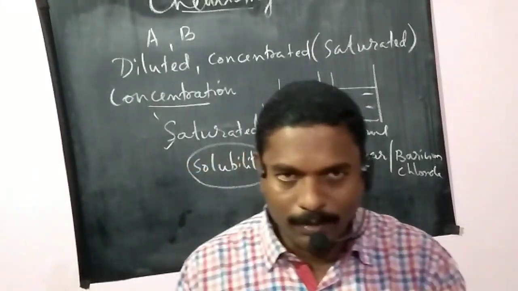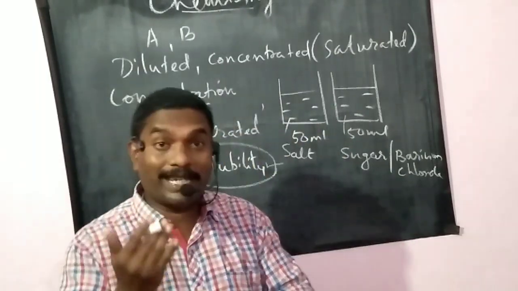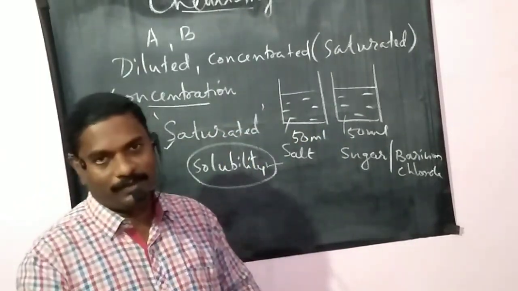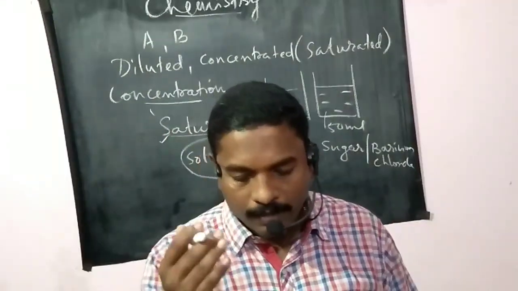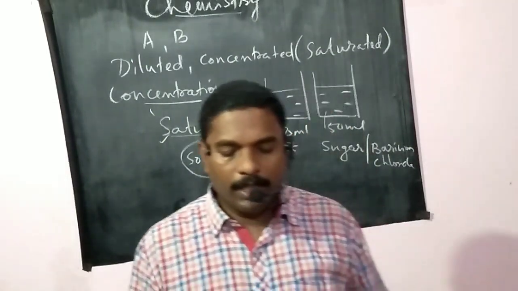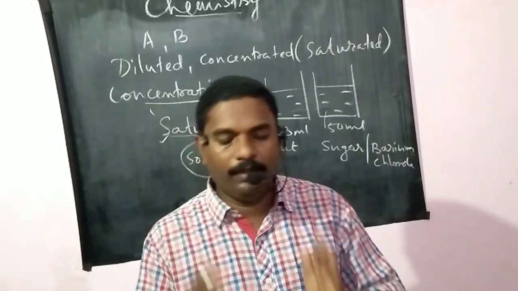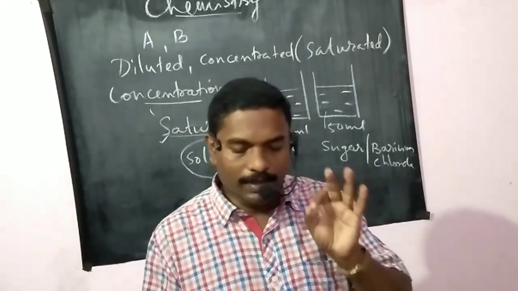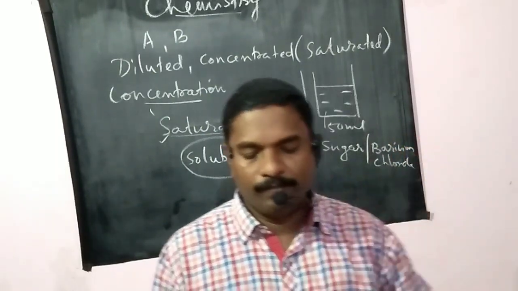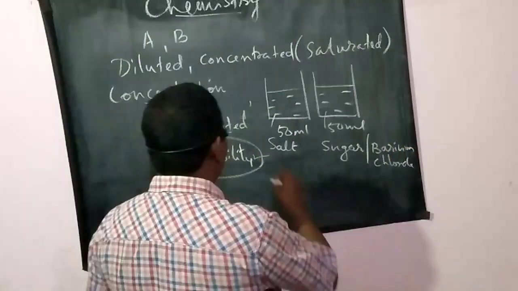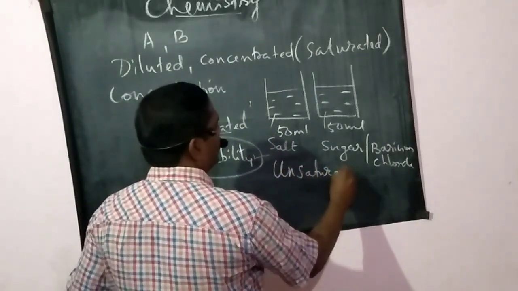So, any solution in which no more solute can be dissolved is called saturated. And if the amount of solute contained in a solution is less than the saturation level, it is called an unsaturated solution.